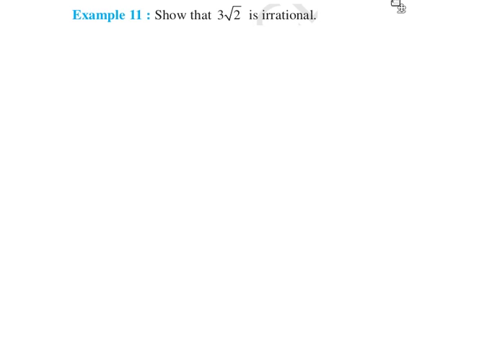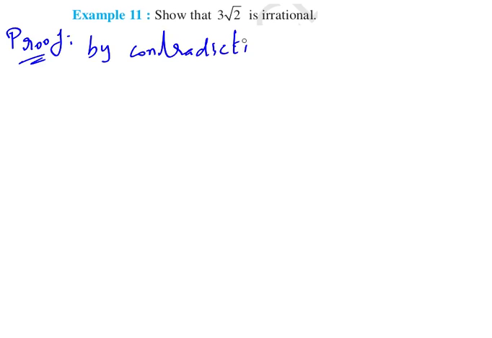Next, we'll prove 3 root 2 is an irrational number. So by contradiction, let us assume 3 root 2 is a rational number.